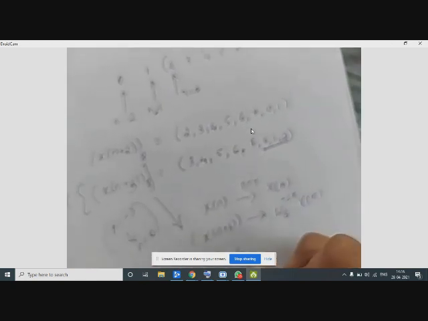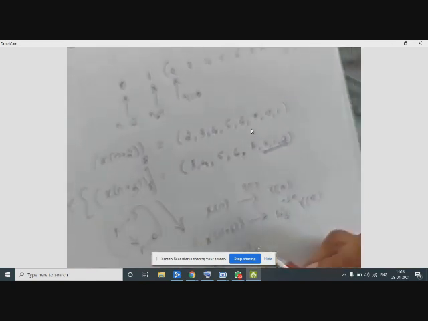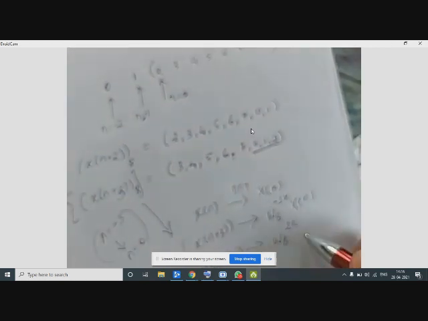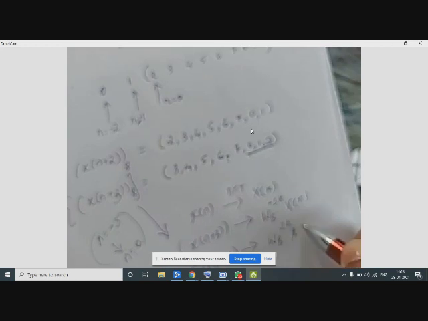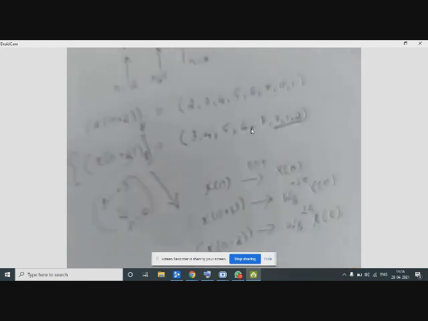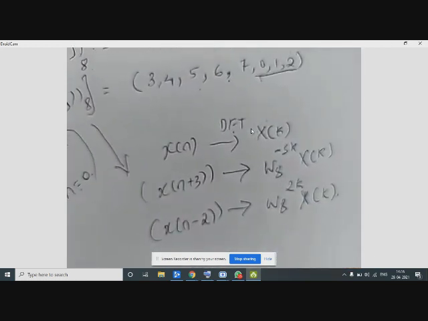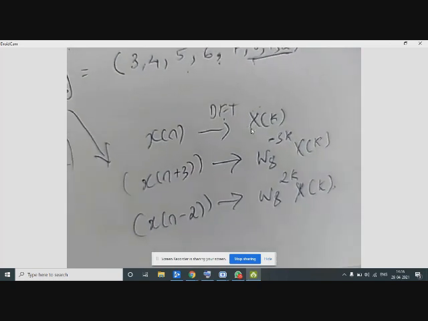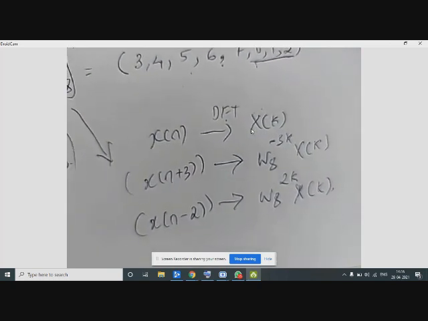Suppose it is x of n minus 3 or n minus 2, it will be W8 power plus 2k x of k. This is what we proved yesterday. Got it? All of you are getting it?